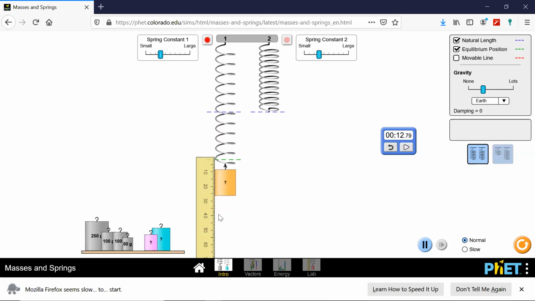Now I need to find its mass. How would I do that? Any idea? How will I find the mass?